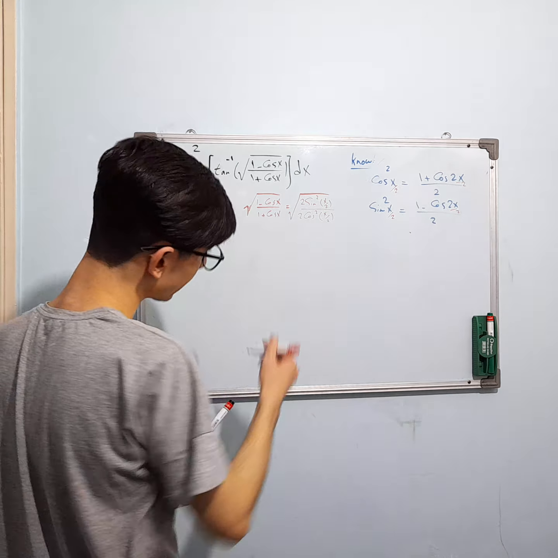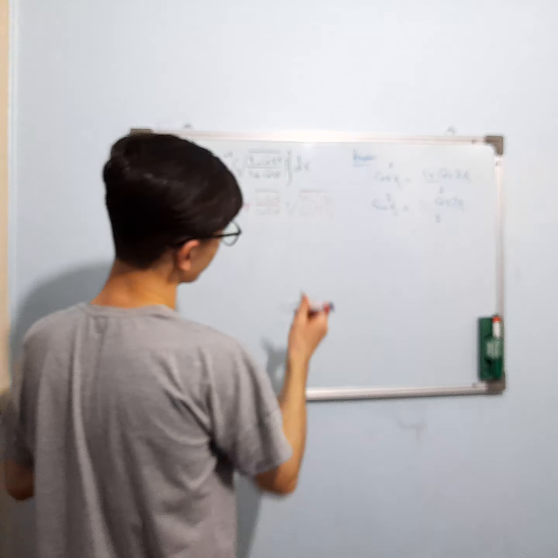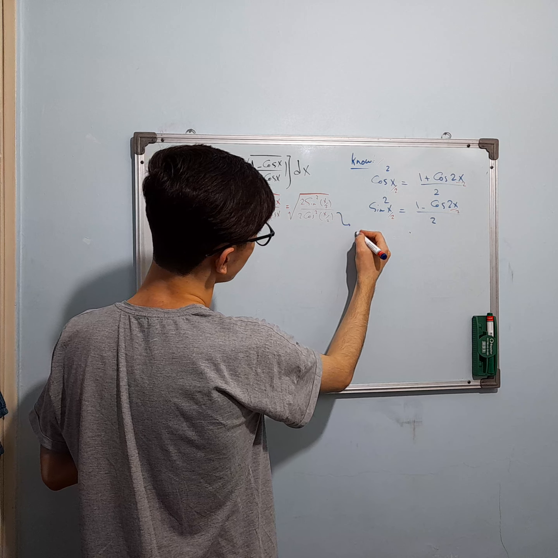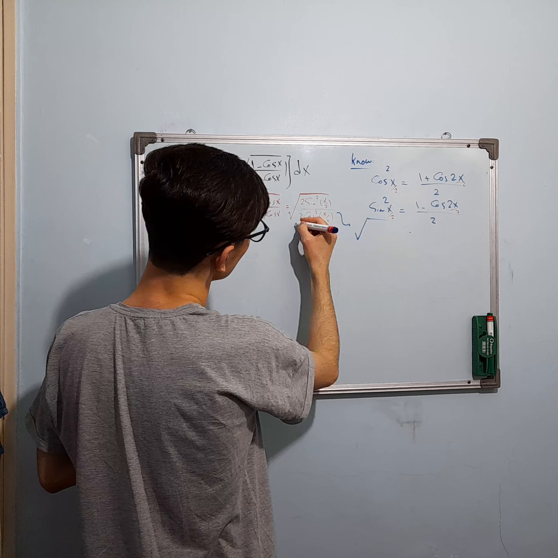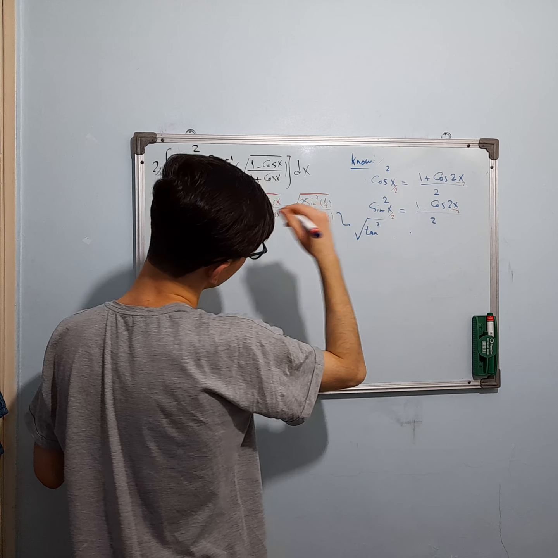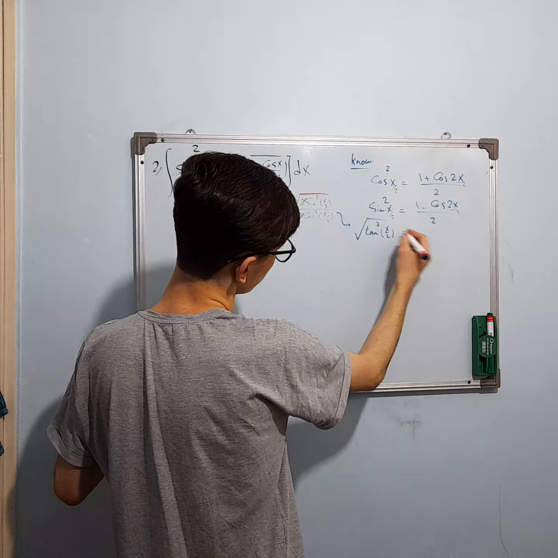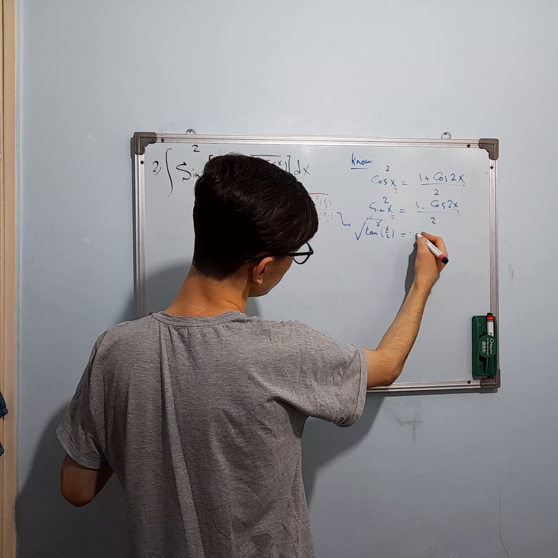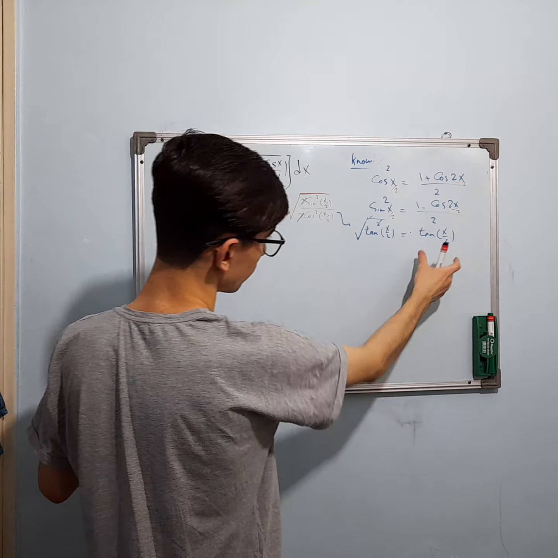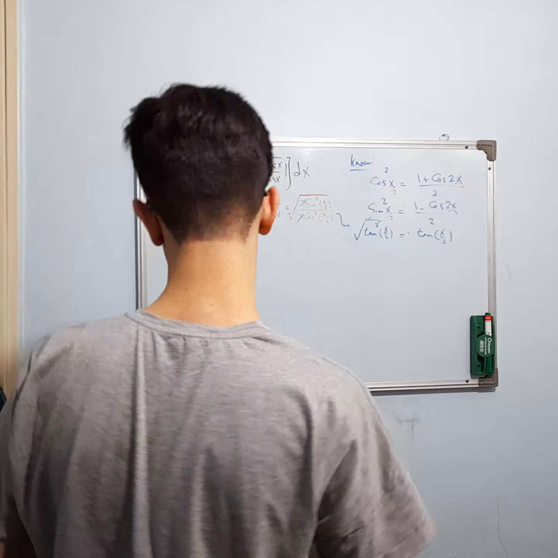The 2s cancel out, and we have tangent squared of x over 2, square root of it, tangent of x over 2. So we must write this in lieu of this. So what now?